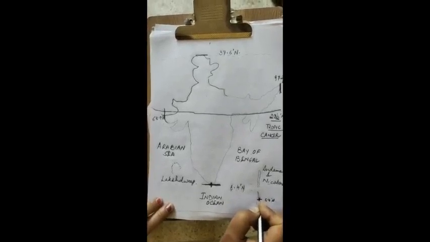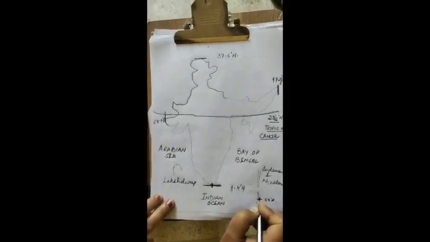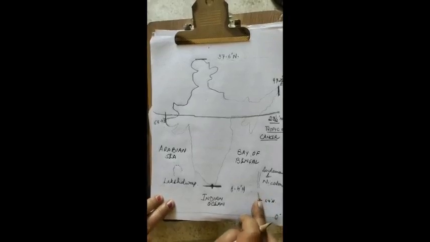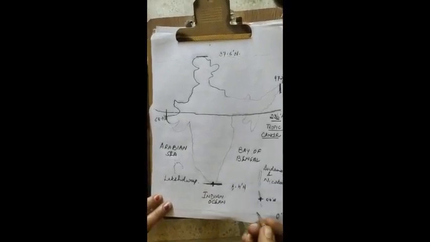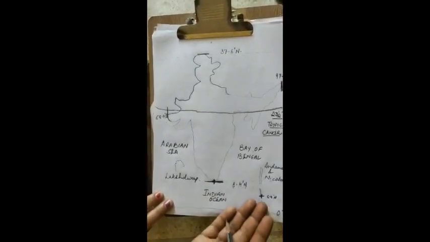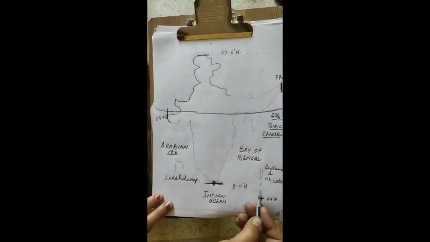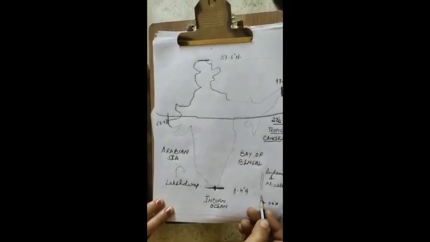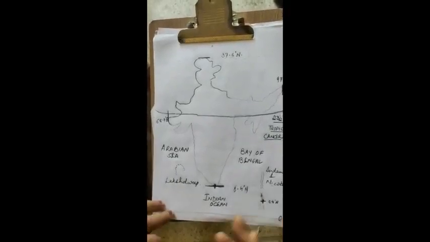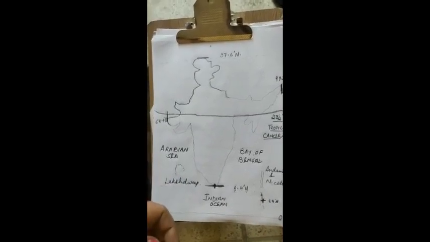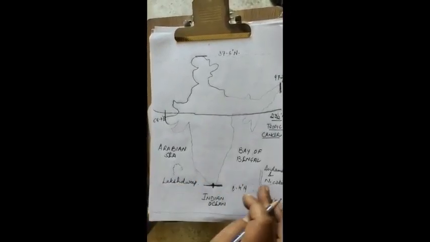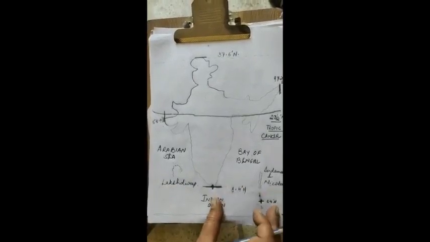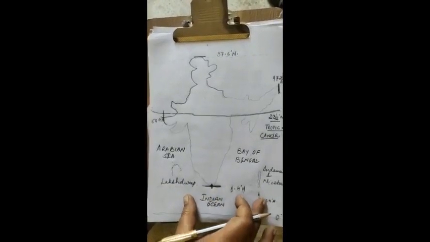But in the 2004 tsunami, this land was submerged in water. So the boundary of India has come a little up to here, approximately around 7 degrees north. Now these groups of islands are also part of the Indian Union.